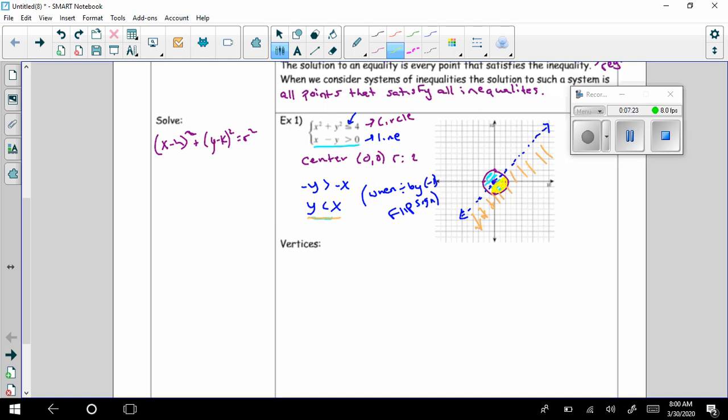Now we can still find where those two lines intersect, and we can do that with either substitution or elimination. This one works well with substitution because y is essentially equal to x. So we can say x squared plus y squared is less than or equal to 4, so x squared plus x squared is less than or equal to 4.